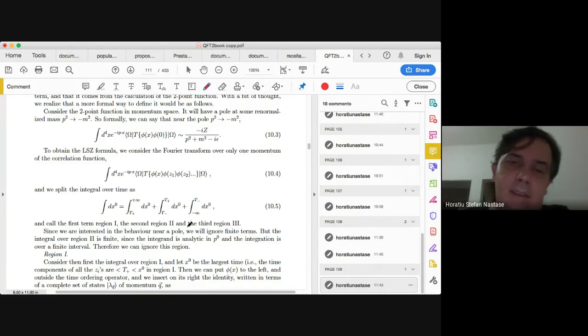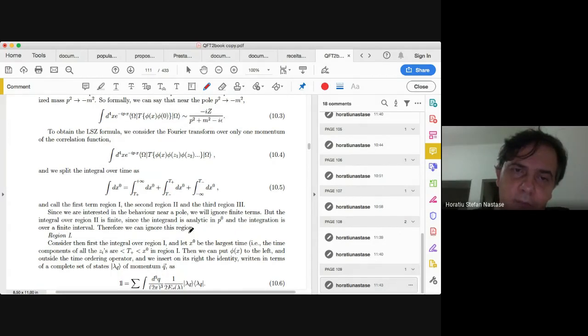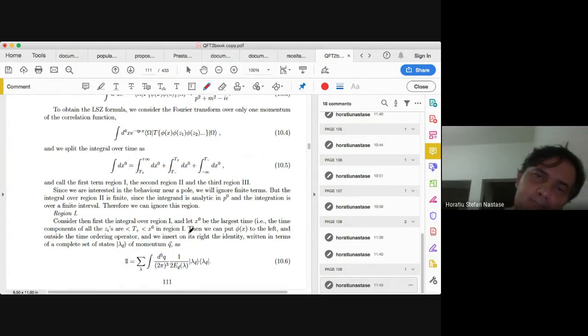So finally this region 2 is a finite contribution that will be ignored. Therefore, we'll consider only regions 1 and 3, which will be diverging. Let's start with region 1.